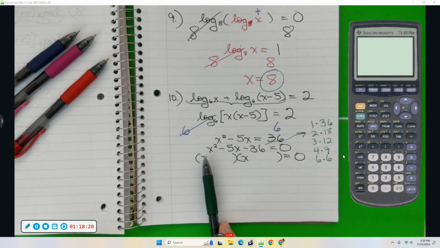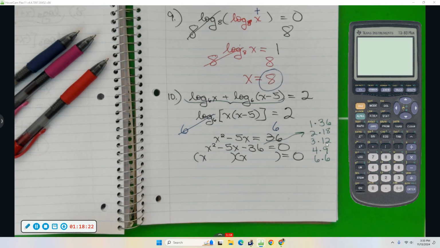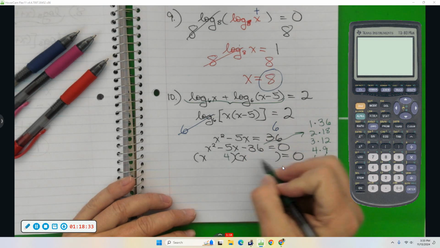It's a simple trinomial, so choose the pair that subtracts to give you 5. Okay, so you're using 4 and 9. I'm going to put the 4 here, the 9 here.